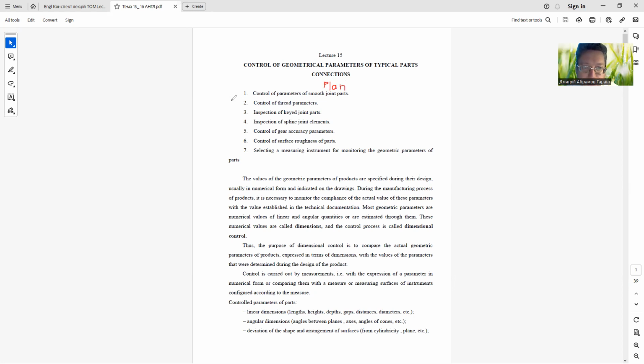Item 15.1: Control of parameters of smooth joint parts. Item 15.2: Control of thread parameters.